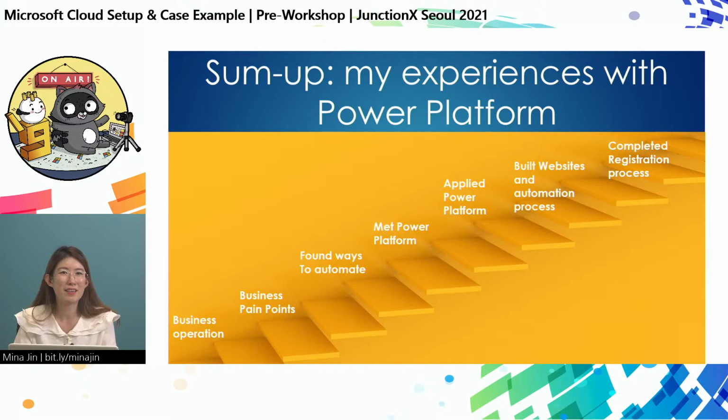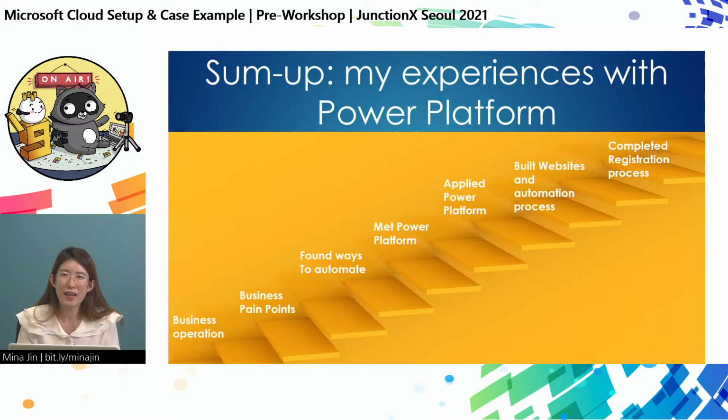But I tried to find ways to solve the problem, and finally found ways to automate, and Power Platform was the answer. So I applied Power Platform to my business workflow, and then I could build websites and automation processes as well.